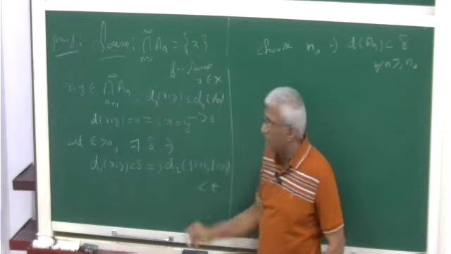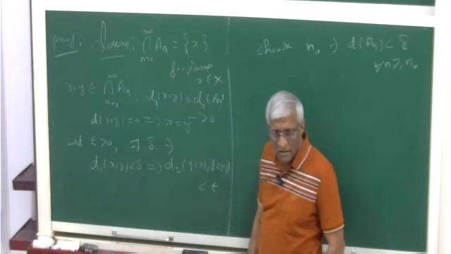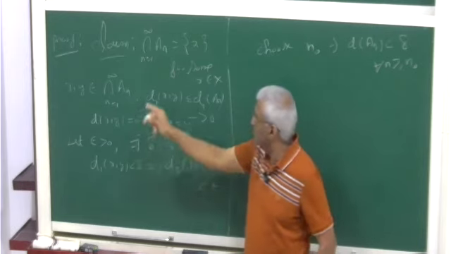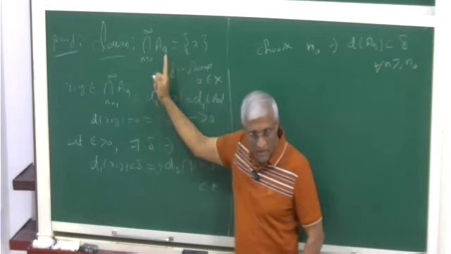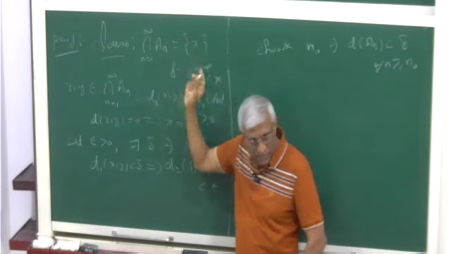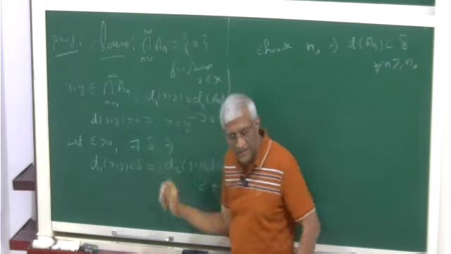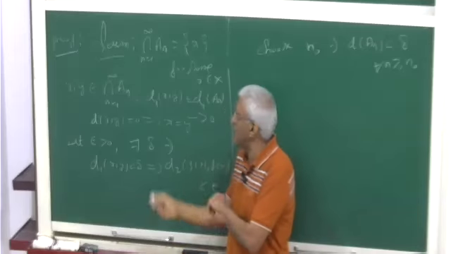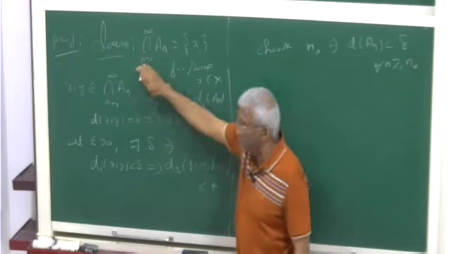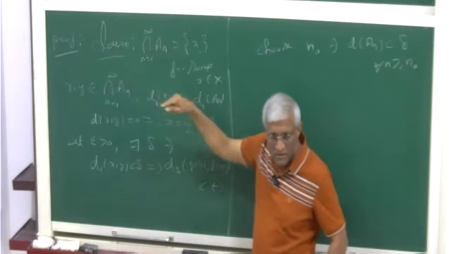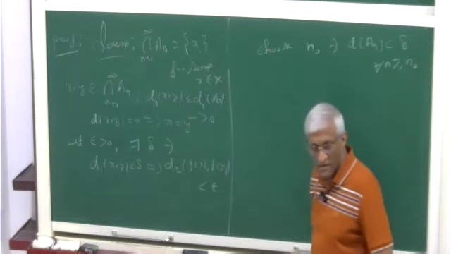They have not even shown the existence of it. We have shown the existence here. This is non-empty, so it should contain something; this is the claim. We have assumed it is non-empty, and the diameter goes to 0, which implies there cannot be two elements. There is only one element, that element you call x. We are assuming the statement of the proposition.